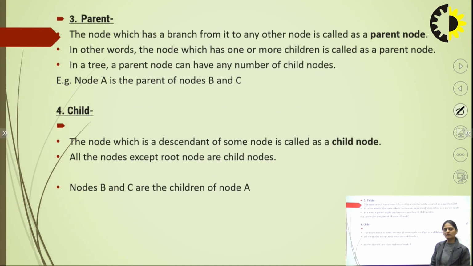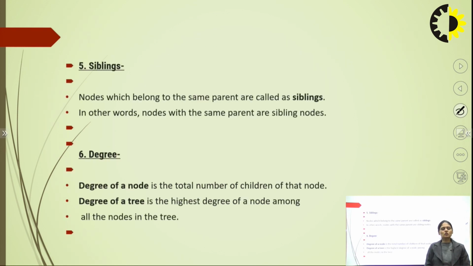Now, the node which is a descendant of some node is called a child node. So all the nodes except the root node are child nodes. We have seen child nodes in the earlier examples as well. Similarly, children having the same parent are called siblings.